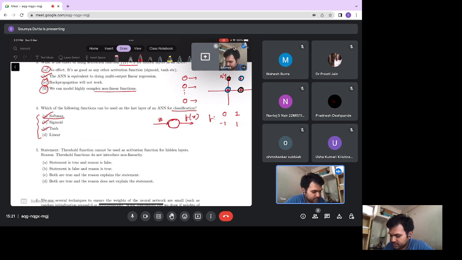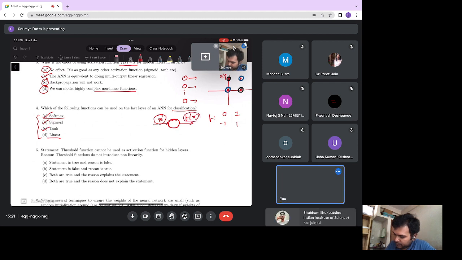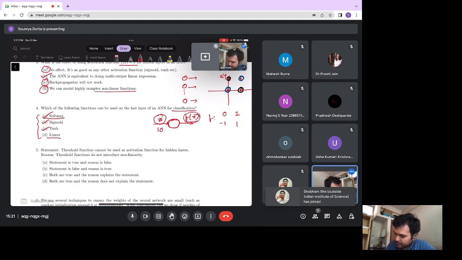So that is tanh. However, if you put a linear activation function at the end, then you have no control over this z value, and therefore f(x) will be that particular value. So if you have a value of 10 here, you will get a value of 10 here. If you have a value of minus 10 here, you will also get minus 10.